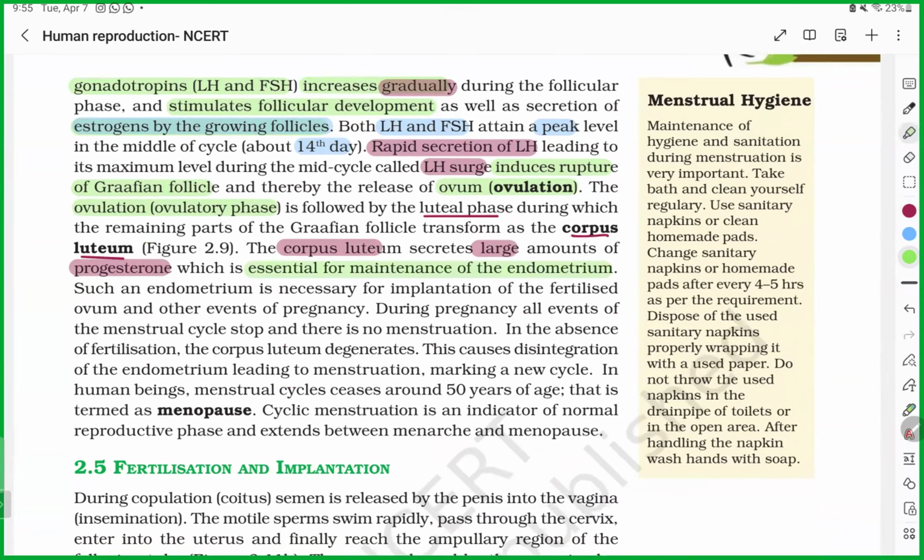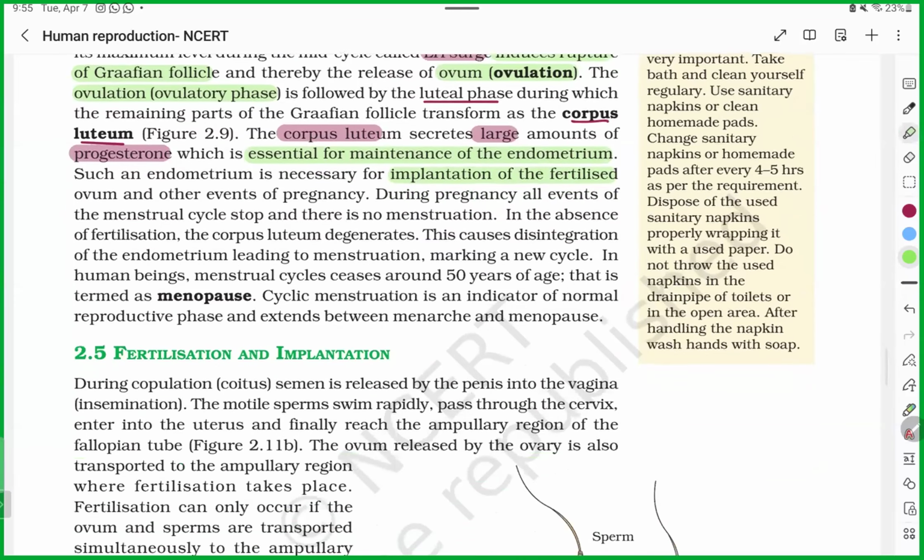No progesterone, bleeding. That's why when a female wants to skip the period, we want to give more progesterone. More progesterone means the endometrium will stay. And this endometrium is really important for implantation in case of fertilization.